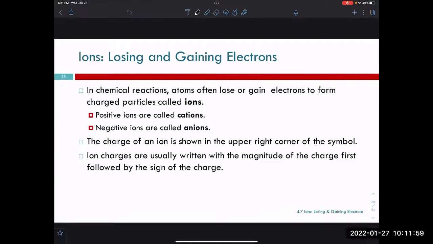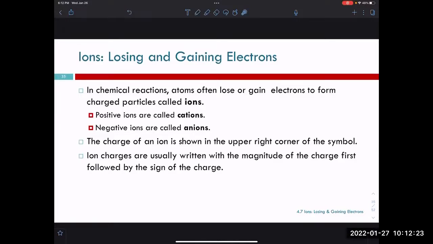Yes, ions. As I mentioned, everything on the periodic table is shown in its neutral form. And we know that we can't gain or lose protons because that would change the element fundamentally. So the only thing we can do is gain or lose electrons.